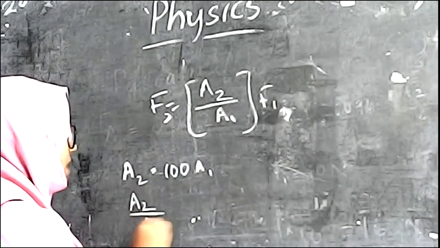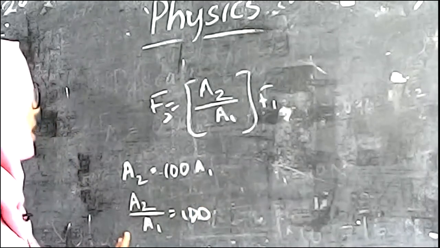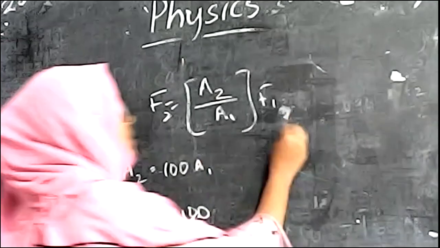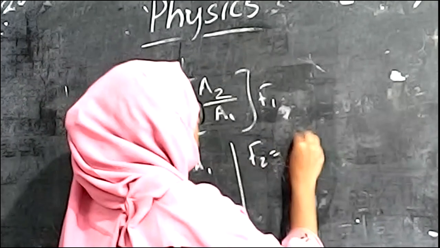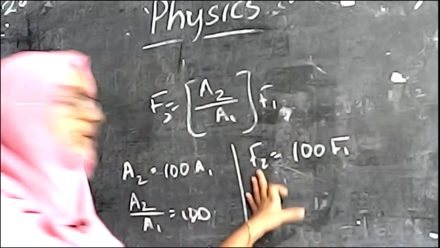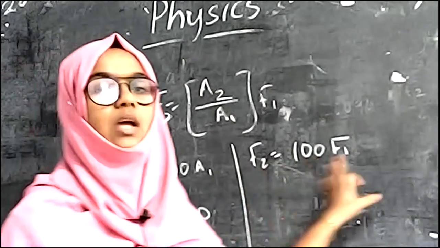We apply this 100 to the equation. We find that F2 is equal to 100 into F1. So the experienced force F2 is equal to 100 times F1.